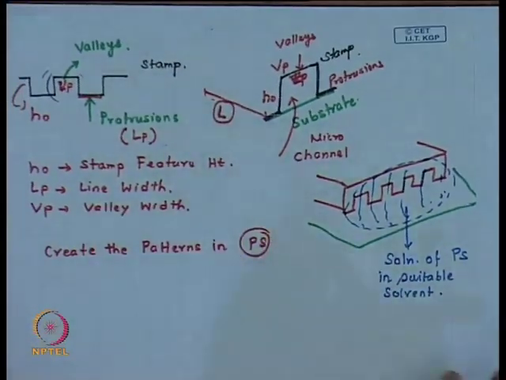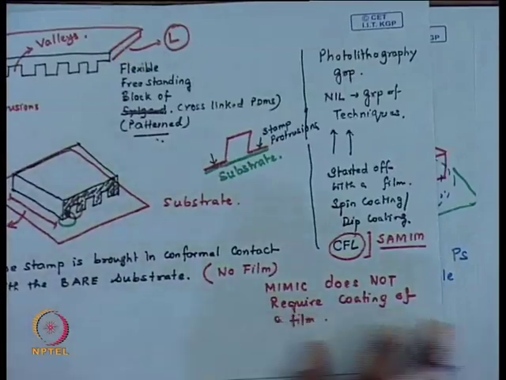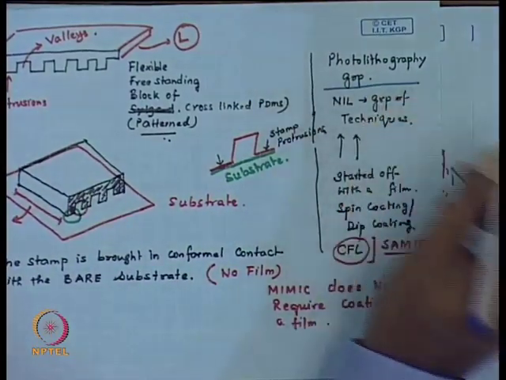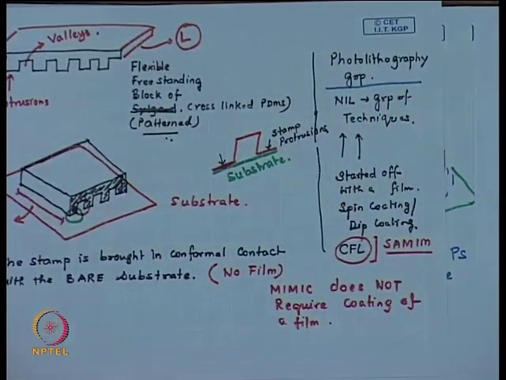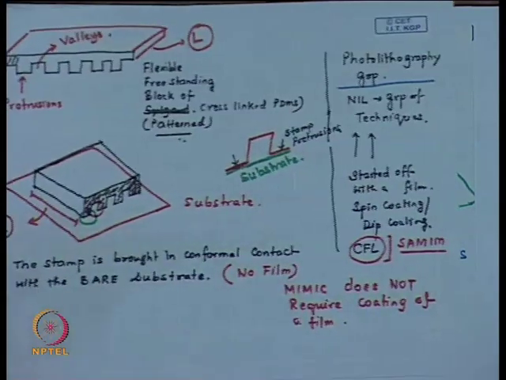Otherwise, had you been starting off with any other technique, of course, photolithography you can't directly pattern a polystyrene film, but let us say in nano imprint lithography you can pattern polystyrene film directly.